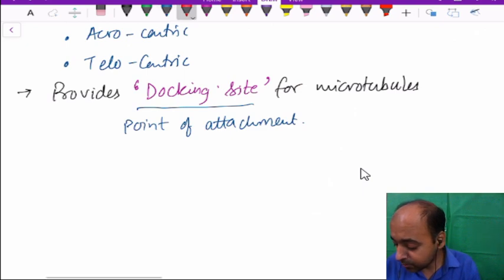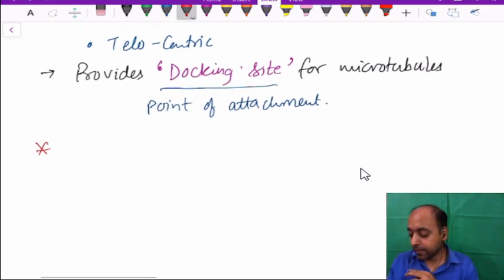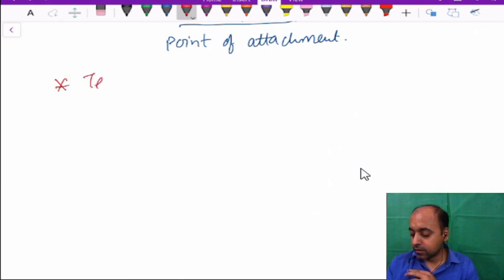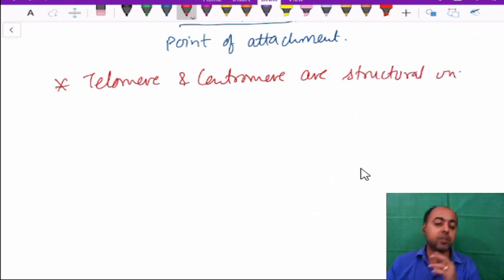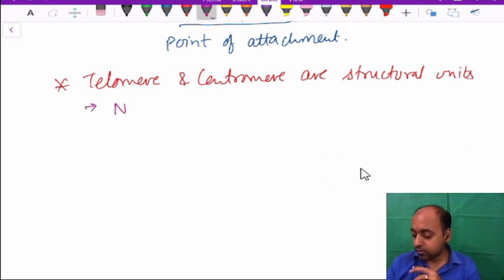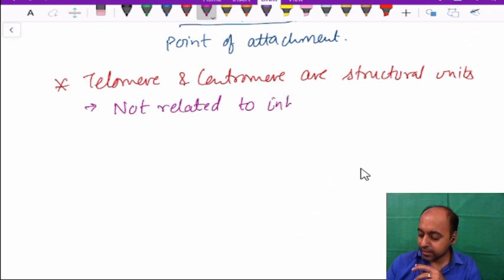One very important point: the telomere and centromere are structural units. They do not have any relationship with the gene, either regulation or transcription, and therefore they are not related to inherited genetic disorders.